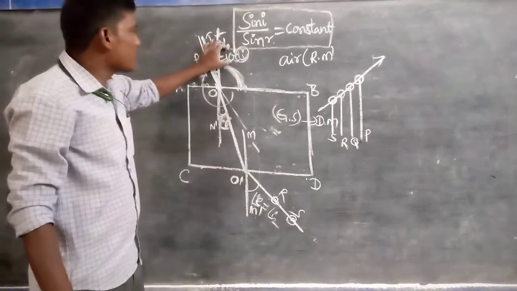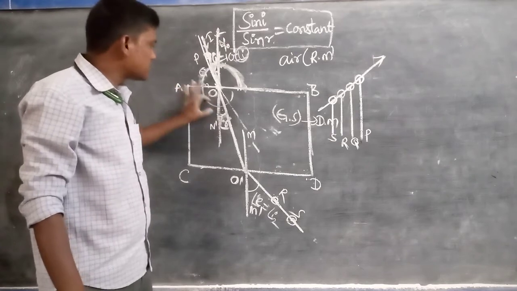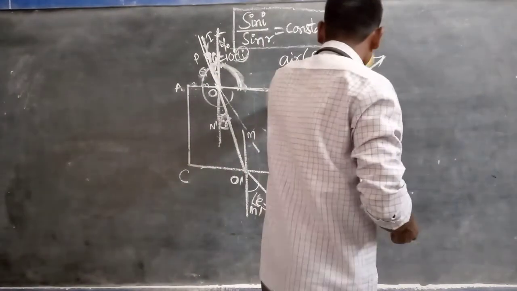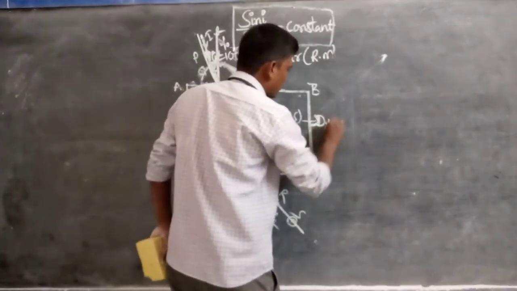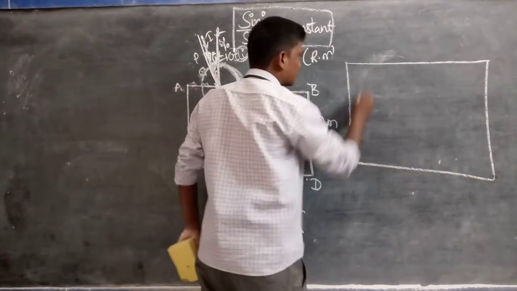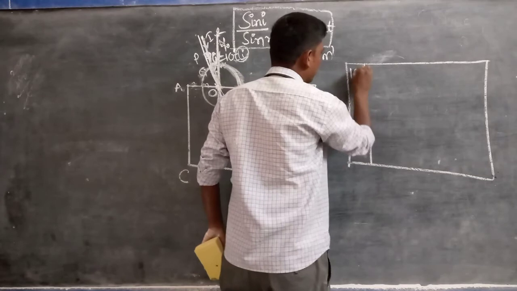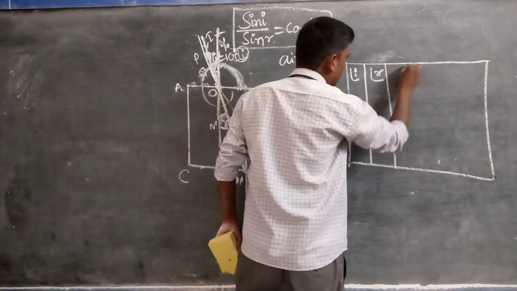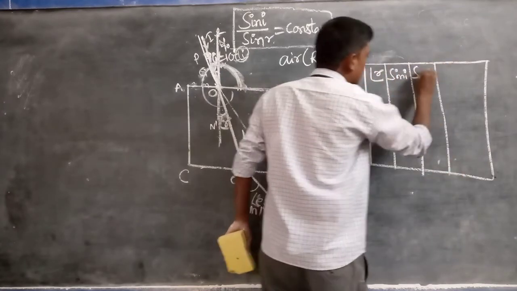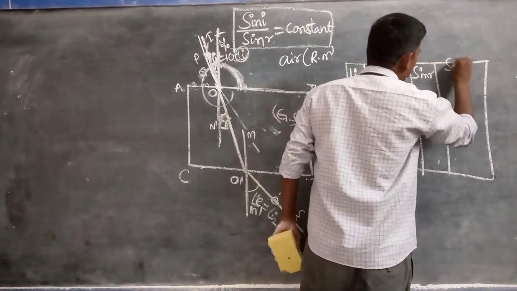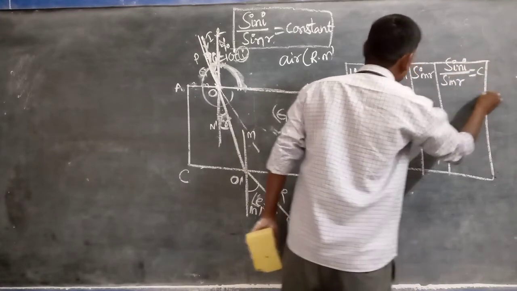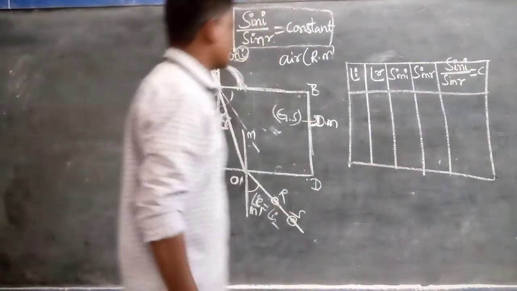Here the angle of incidence is 10. From this, by placing the protractor on the lower side, we can find the angle of refraction, like the previous mode. So we draw a tabular form: angle i, angle r, sin i, sin r, and sin i upon sin r equals a constant. Same as before.